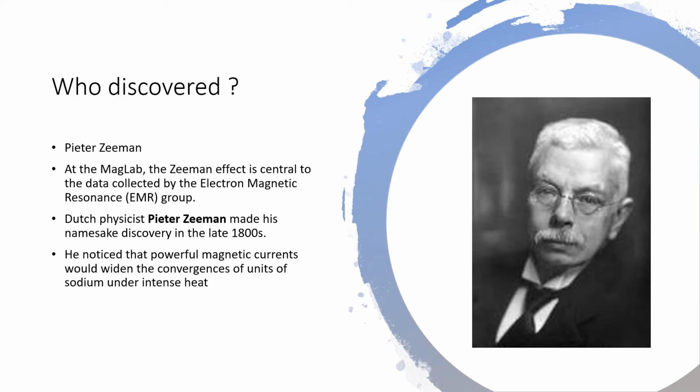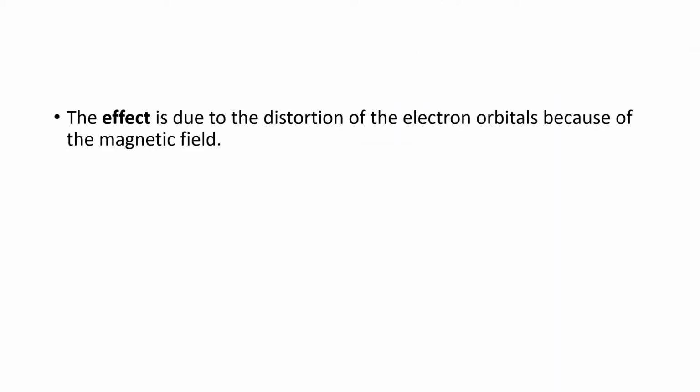He decided to continue the investigation and, under closer inspection, found that the spectral lines separated into either doublets or triplets when strong magnetic fields were applied. This effect is due to distortion of electron orbits.